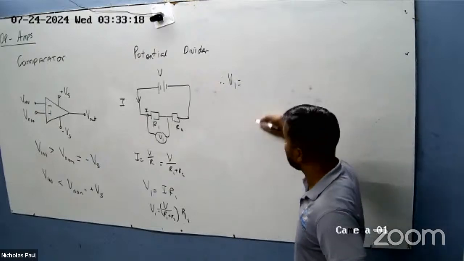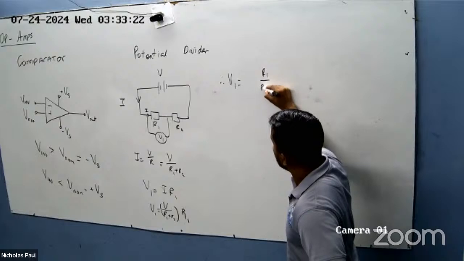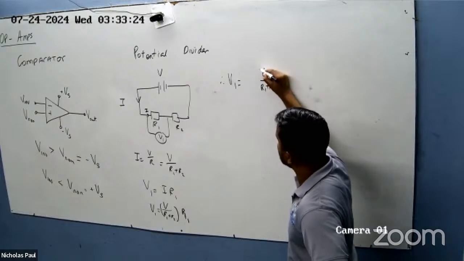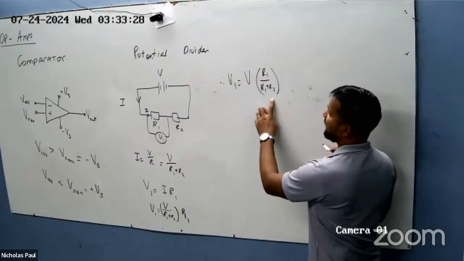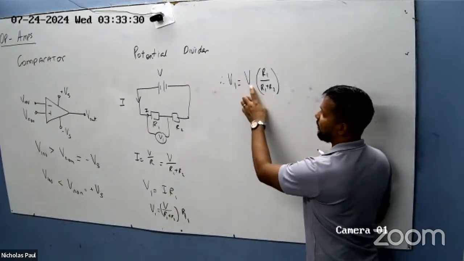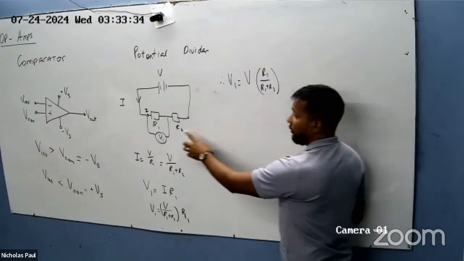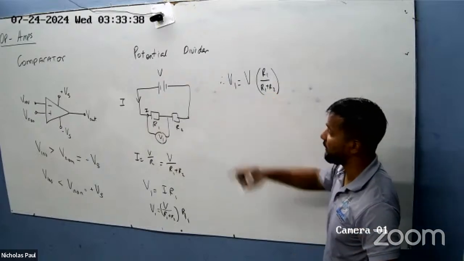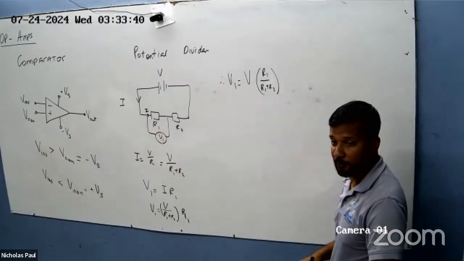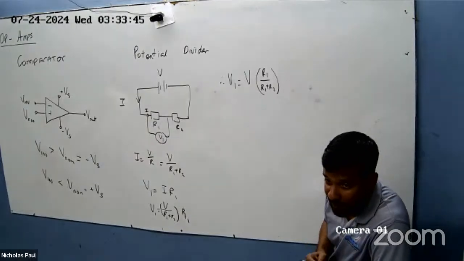I'm just rearranging this: R1 over R1 plus R2, all multiplied by V. What it's saying is that V1 is a fraction of V. You see that? So V1 is a fraction of V. This formula helps us find it. You see that?